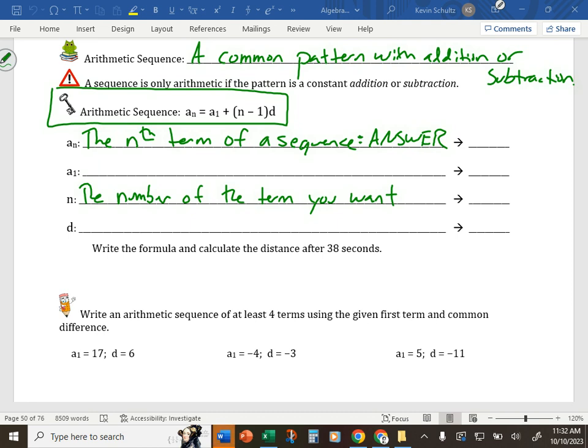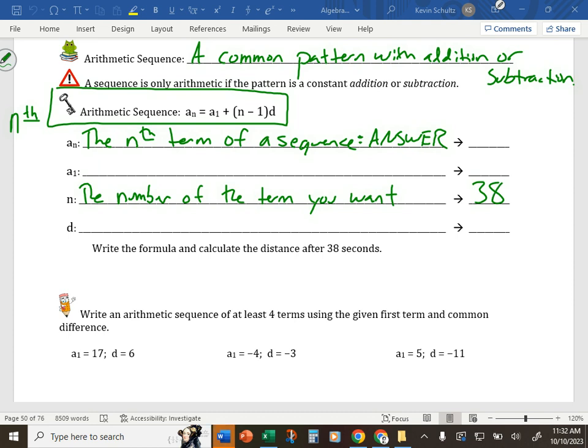The nth? Is it just an N? NTH, like fifth or sixth, right? But it's the n. The number of the term. What did we plug in the first time? What we wanted to know was the distance after 38 seconds, right? So in our example, we wanted the 38th term of the sequence.